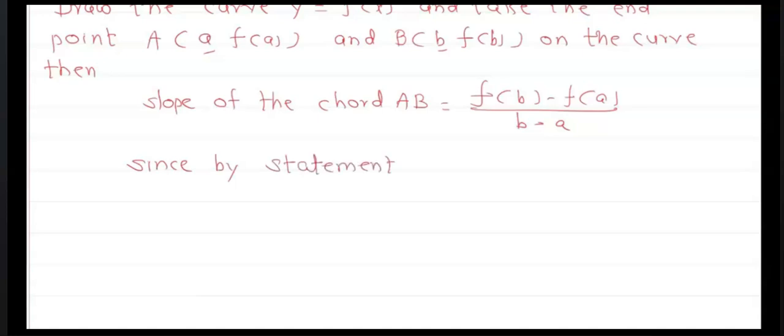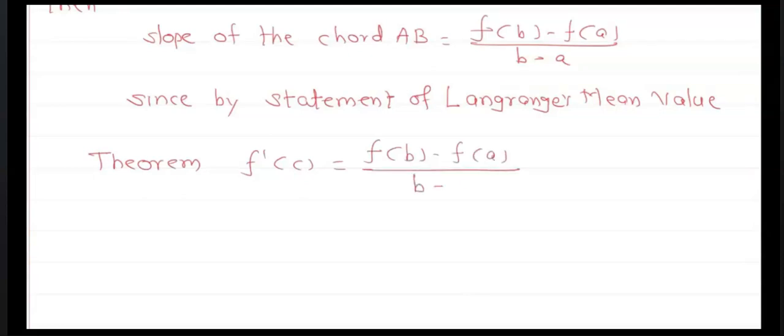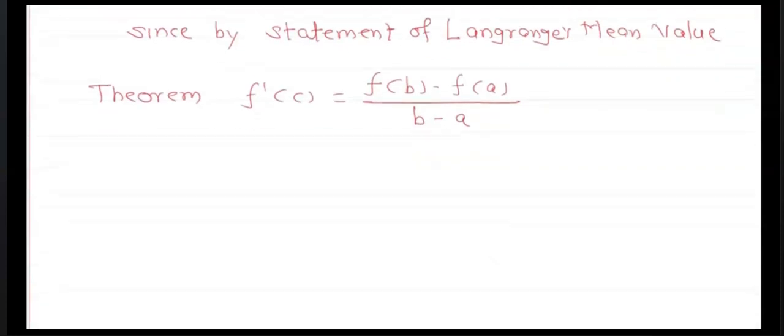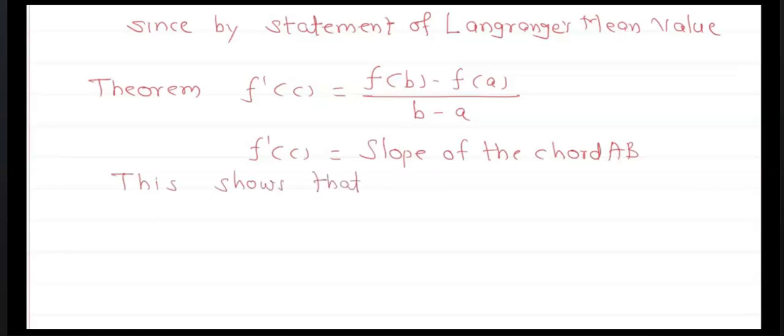Since by the statement of the Lagrange mean value theorem, f dash of c is equal to f of b minus f of a upon b minus a, that is, f dash of c is equal to the slope of the chord AB.